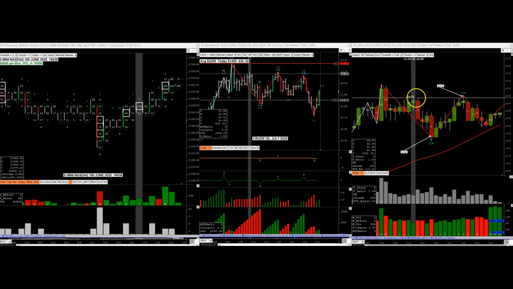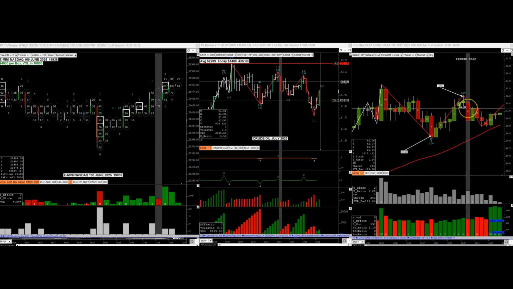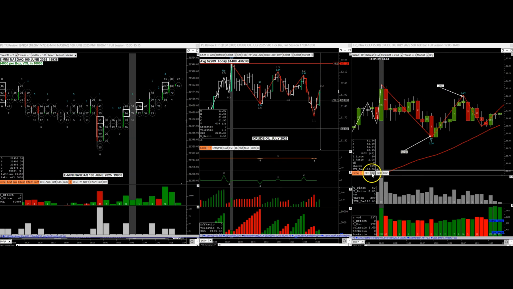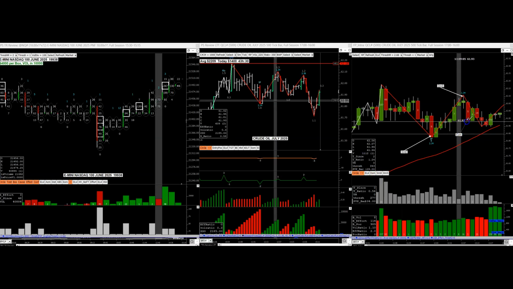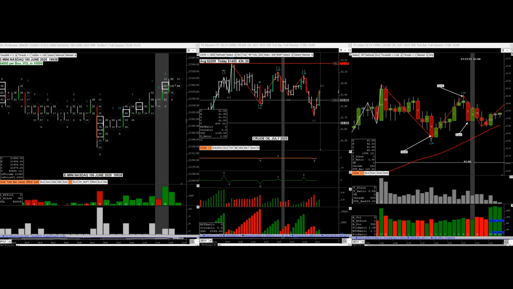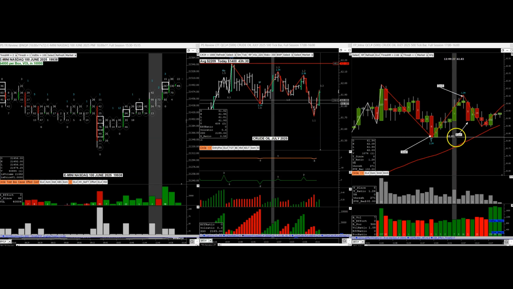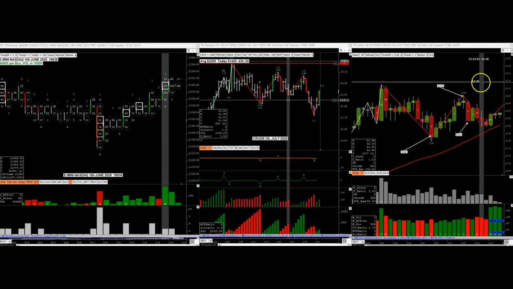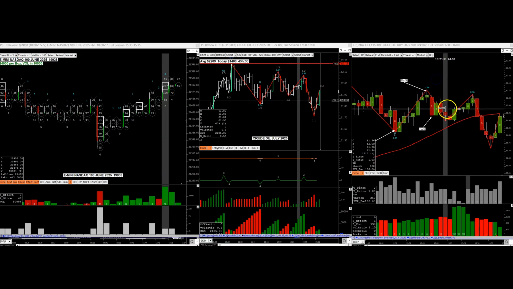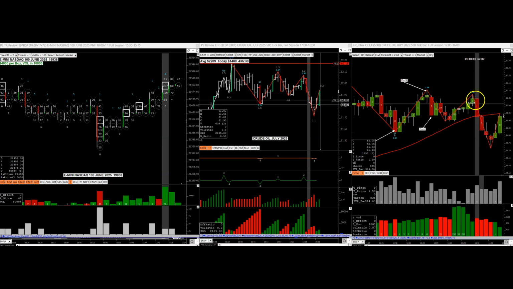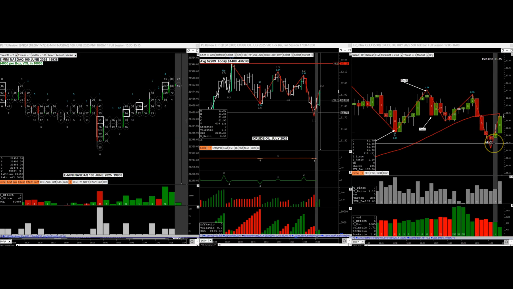Problem. And then the bar after is your ease of movement. So that is demand meets supply, and that is your ease of movement. And this is the end of day, so I can't really read it.